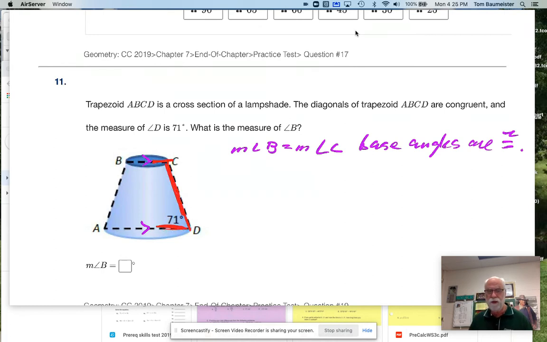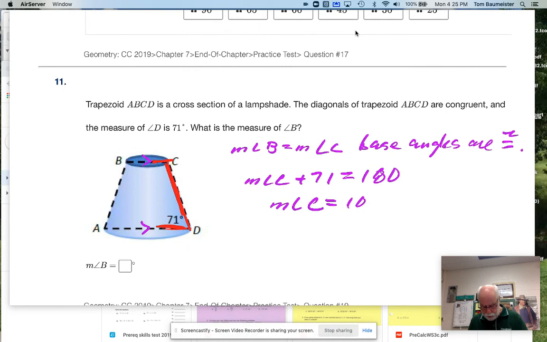A backwards C. So that would mean that they are co-interior angles. Would you agree? And if they are co-interior angles, we know that the measure of angle C plus 71 is equal to 180. So if we subtract 71, we know that the measure of angle C is equal to 109 degrees.